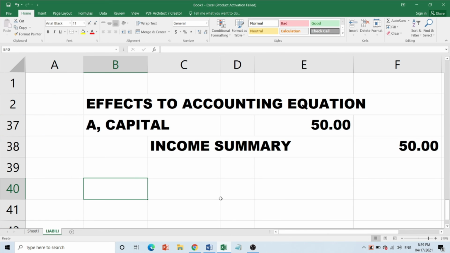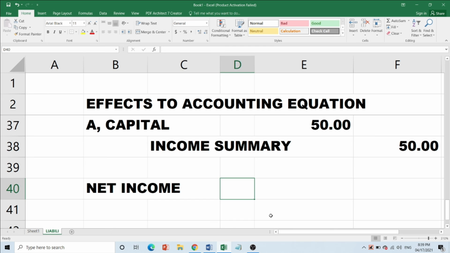Therefore, increase in income or net income, yung effect po niyan sa ating equity, increase.